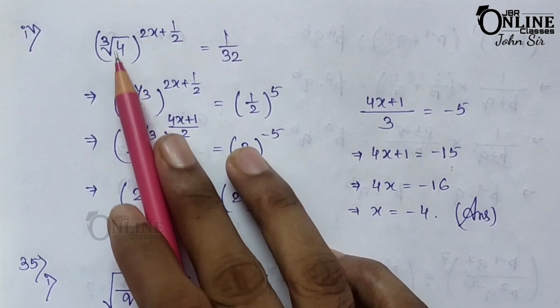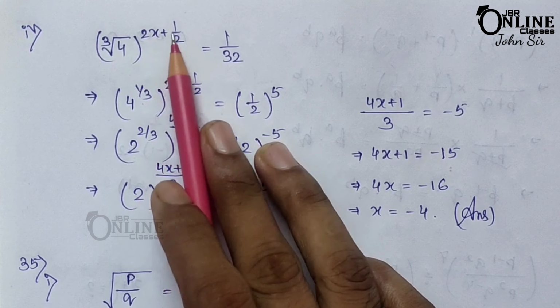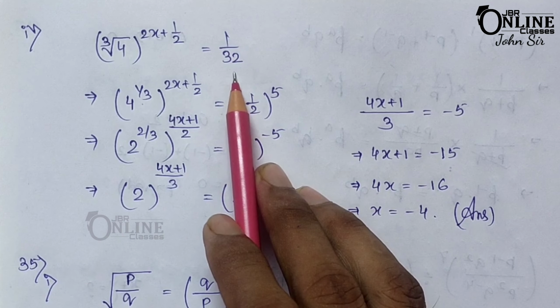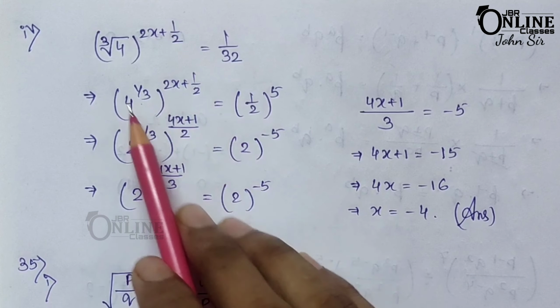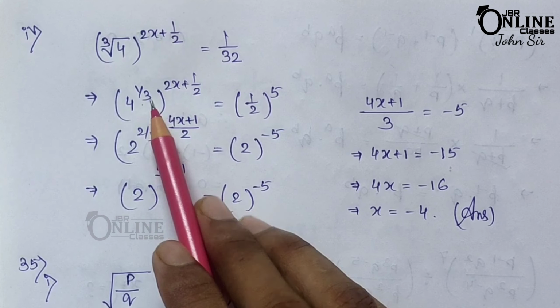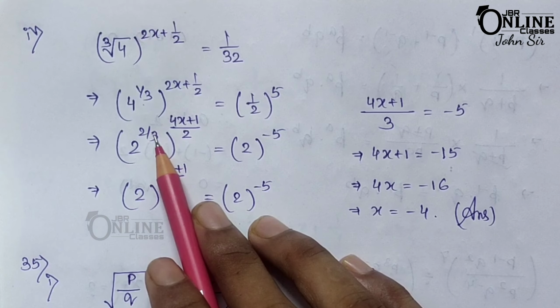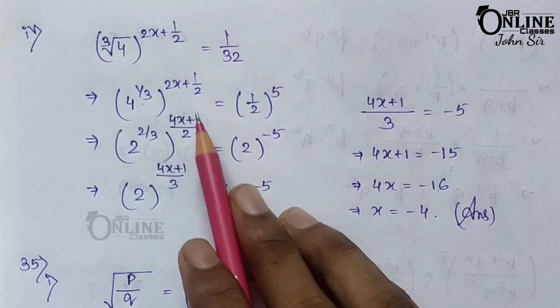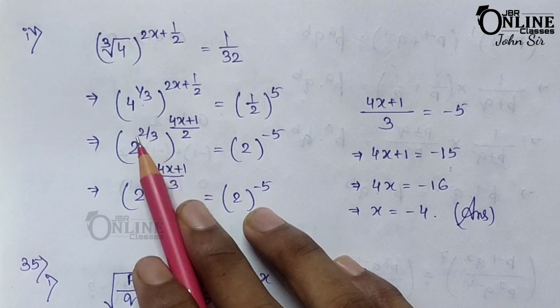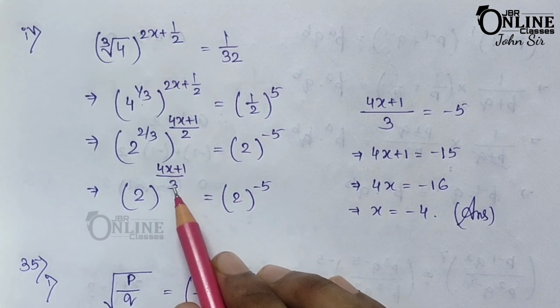Now the fourth one, cube root 4 whole to the power 2x plus half, that equals 1 by 32. Now a cube root means 4 to the power 1 by 3. Okay, now 4 means 2 square, so 2 to the power 2 by 3. Then that 2 by 3 will be multiplied with this power, 2 cancels out, and here 4x plus 1 by 3.